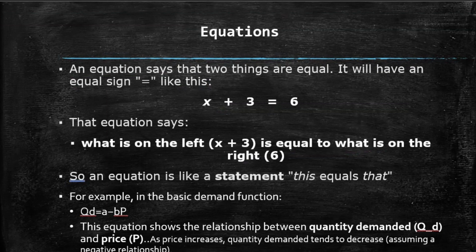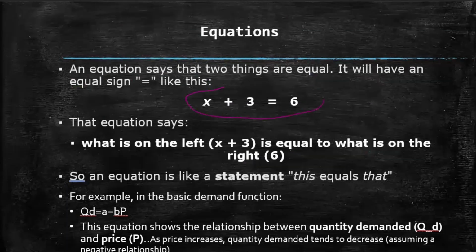That means if you are writing something simply like x plus 3 equal to 6, the left side is equal to the right side. Left side value is equal to the right side value. So x is a value. If that is added to 3, then you will get 6. So it is like this equals that.